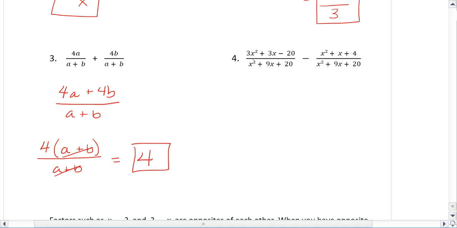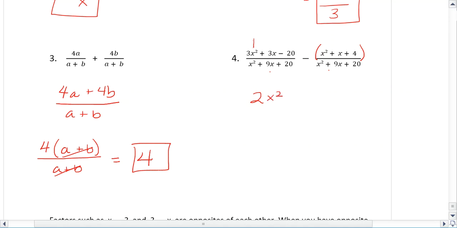Here in example 4, again, we notice that we have common denominators, but what's going to be tricky about this one, see this subtract sign? You have to realize that you're subtracting every single term of this numerator. So this is 3x squared minus 1x squared, which is 2x squared.